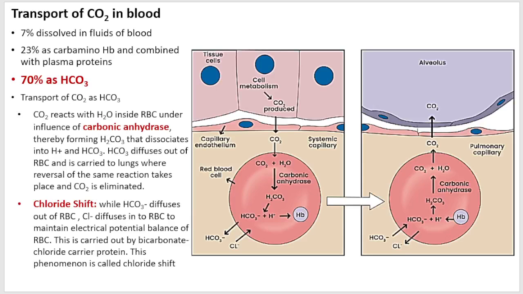The bicarbonate ion then diffuses out into plasma, and to maintain electrical neutrality, chloride ions move into the RBCs. This process is called the chloride shift.